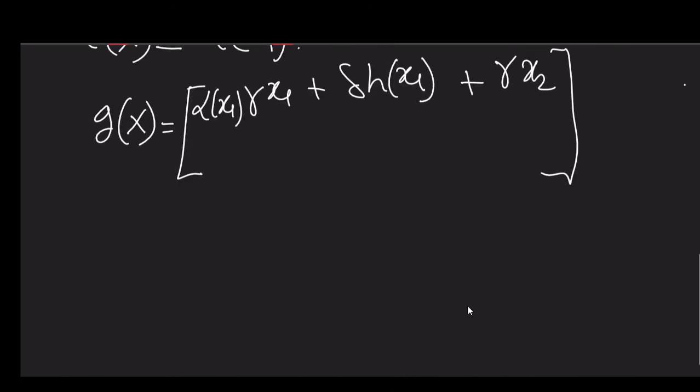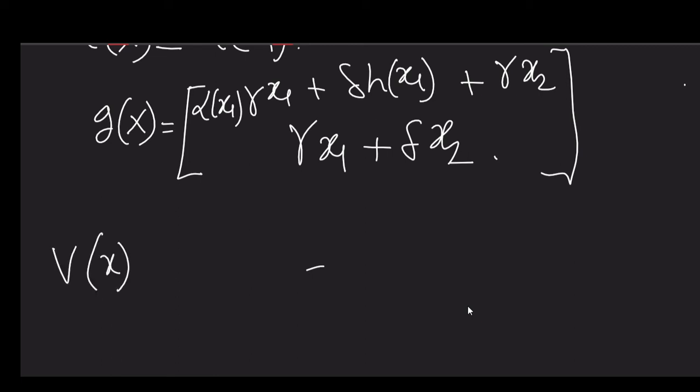Now the second row will be gamma x1 plus delta x2. Now how do we get V x?